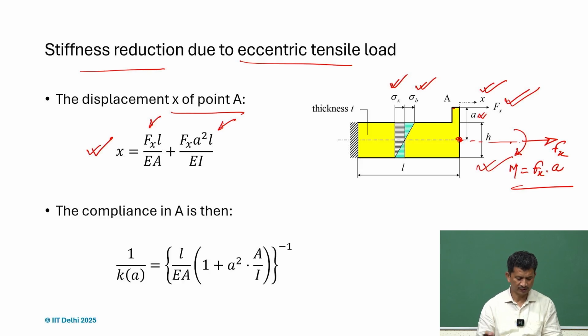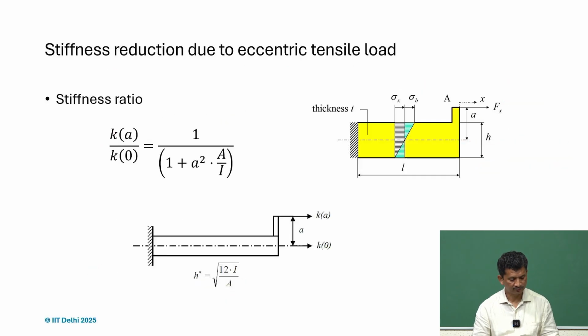Of course then the effective compliance at point A will have one part because of the axial load, and the other because of the bending. And when we try to compare, what if A is 0?